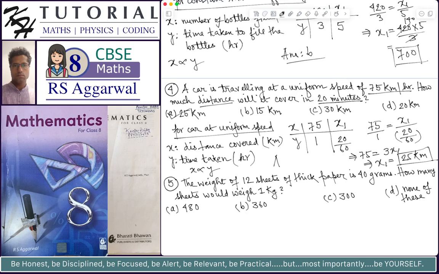Now, as always, whenever you solve an unknown in a problem of variation, always verify that your answer is consistent with the type of variation. If the quantities involved are varying directly, then check that the quantity you have solved is as per the concept of direct variation.